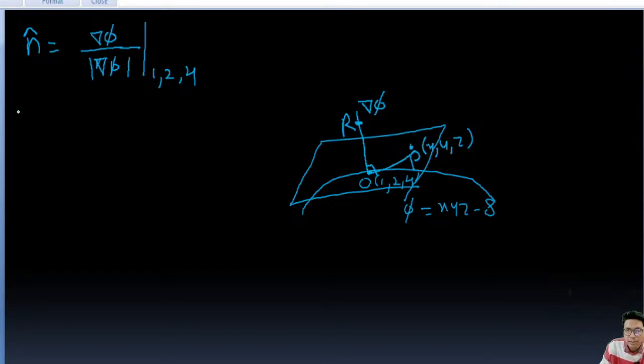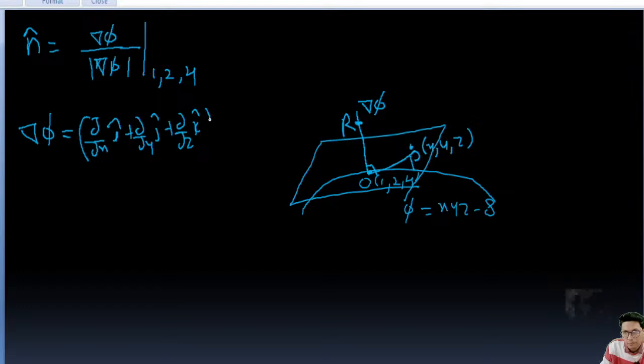First we'll find gradient of phi, which is del upon del x i cap plus del upon del y j cap plus del upon del z k cap into xyz minus 8. Solving it, it is yz i cap plus zx j cap plus xy k cap.